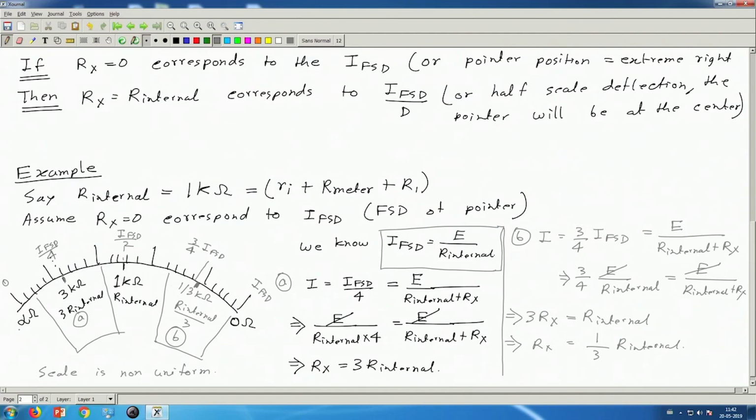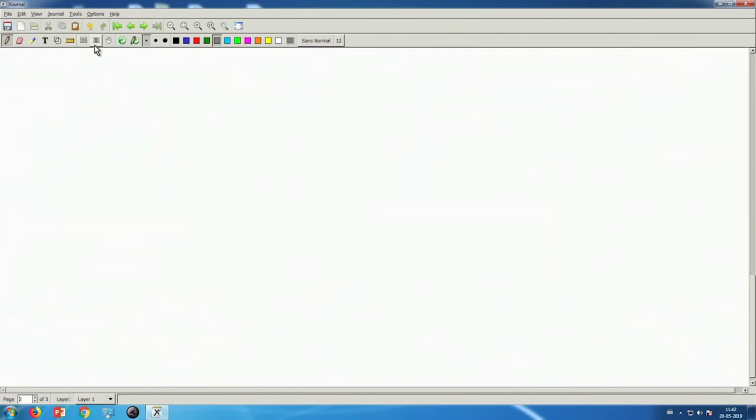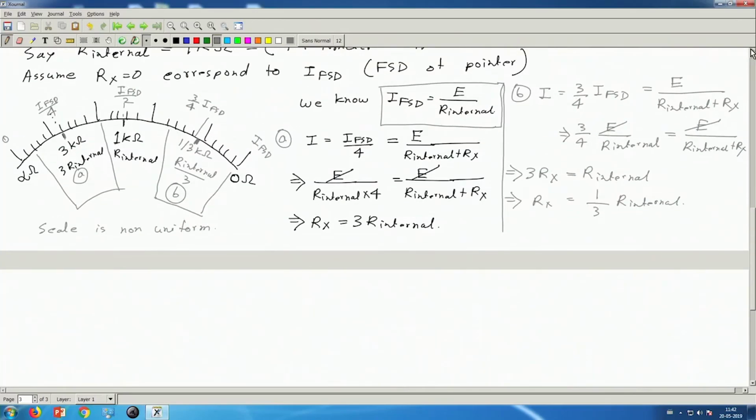Now the next question we will ask is this. Let me copy this diagram.